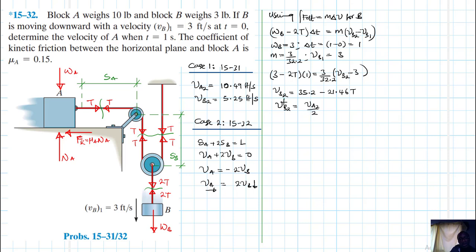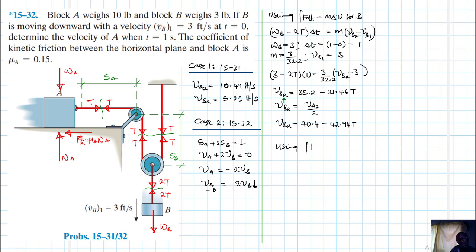So if we plug this in, VA2 is equal to 70.4 minus 21.47 times 2, which gives 42.94 T. Alright, then let's move on.